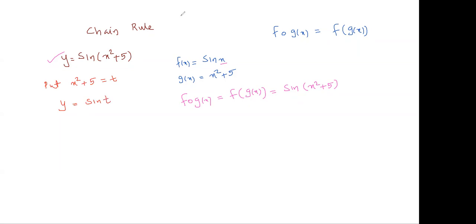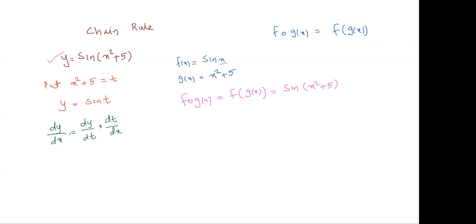But we have to find dy by dx, the derivative. We can see that y is a function of t. So first we will differentiate with respect to t, dy by dt. Then t is a function of x, so we will differentiate t with respect to x. In one way we can say that dt will cancel and we will get dy by dx.